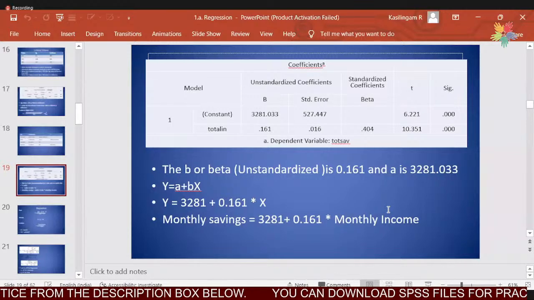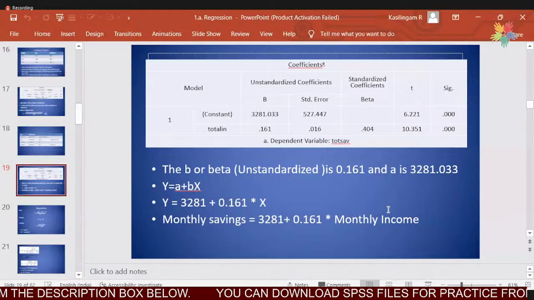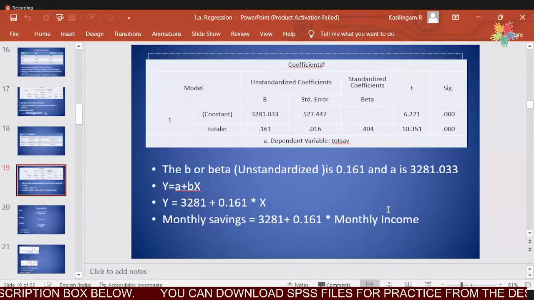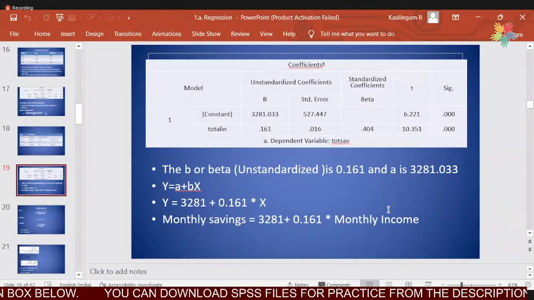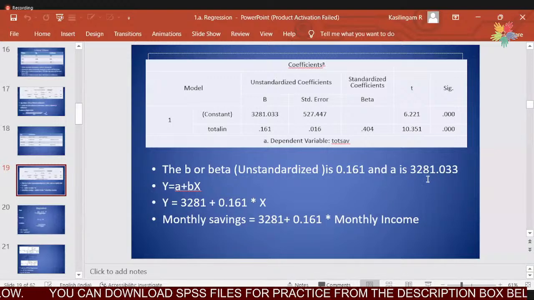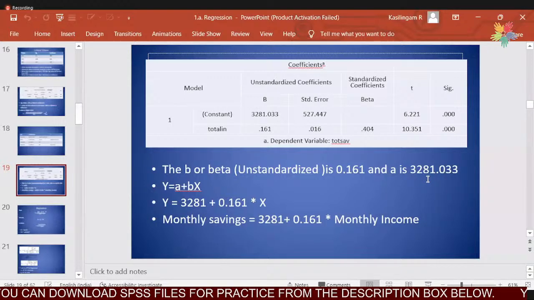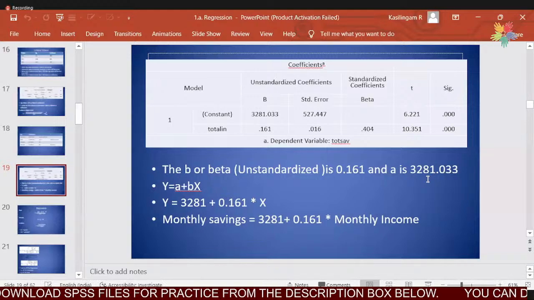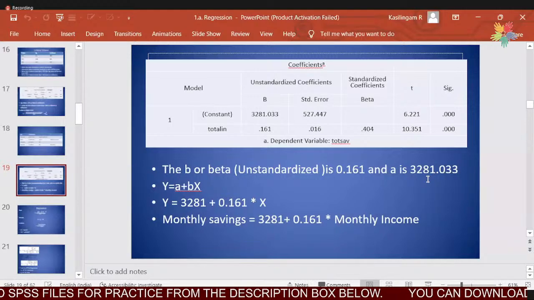So we can write the equation. Beta is our estimate here, and with the help of the estimate we write the regression equation.